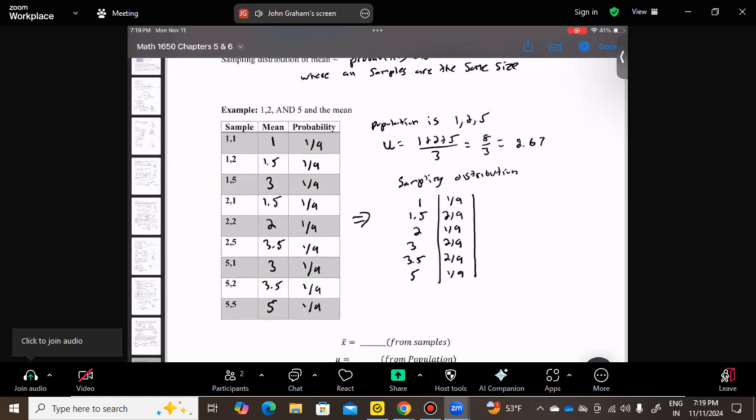And when we add these up, it should equal 9. So 3, 4, 5, 6, 7, 8, 9.